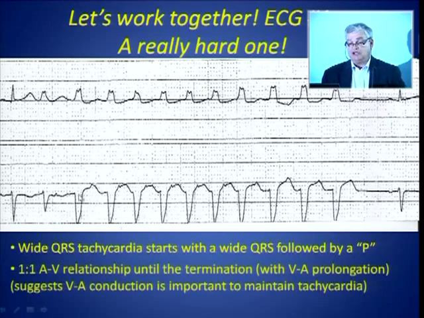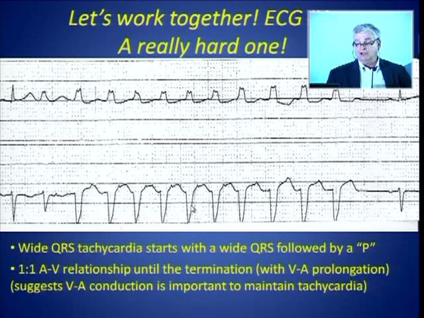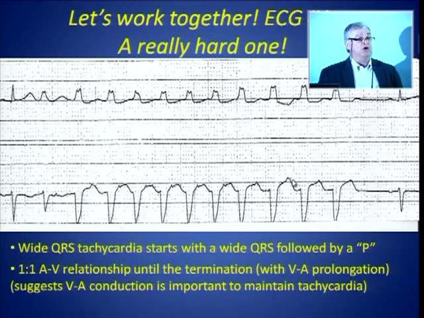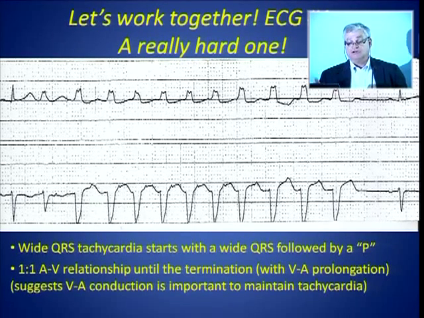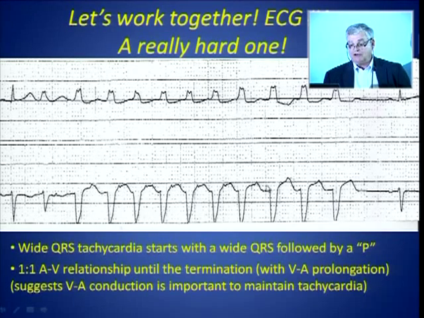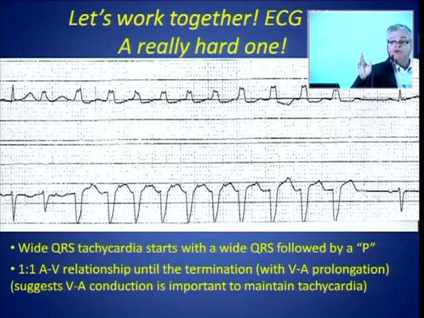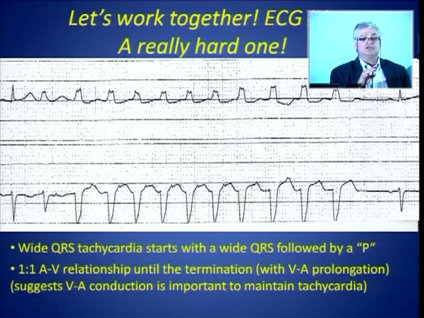And then what else do I see? I see a one-to-one AV relationship until the termination of the tachycardia. And I see that when the VA interval prolongs, the VV interval prolongs, right? This prolongs and it slows down. Well, what does that suggest? Again, I can't make a clear diagnosis here, but it suggests that VA conduction may be part of the circuit.